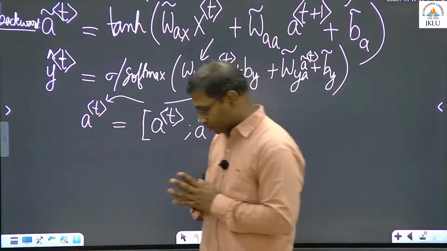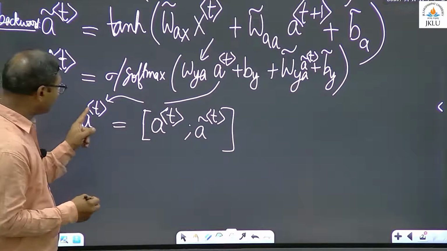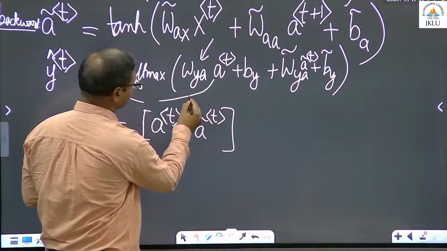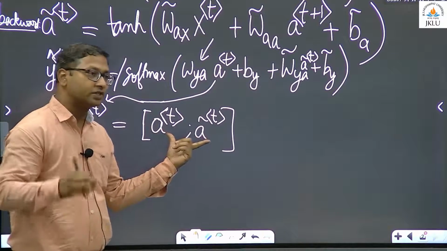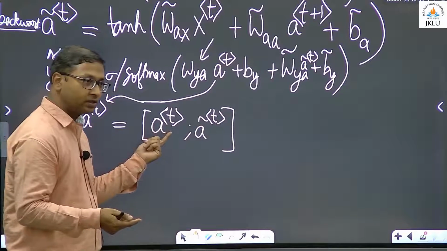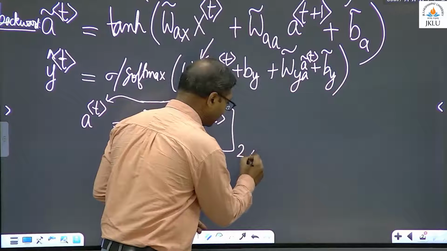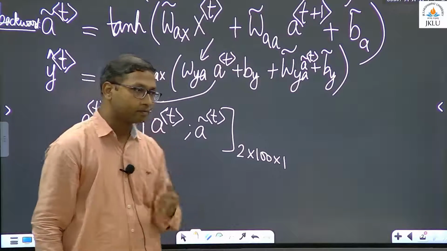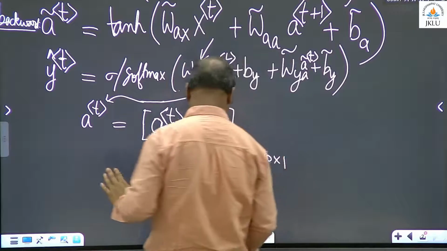Now I was supposed to do the last line. This is simply, you can write this new a_t as a concatenation of these two a_t's. So this was 100 cross 1, this will be 100 cross 1, you can just concatenate them and this thing will become 2 into 100 cross 1.